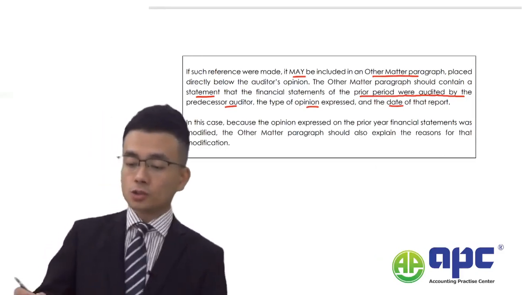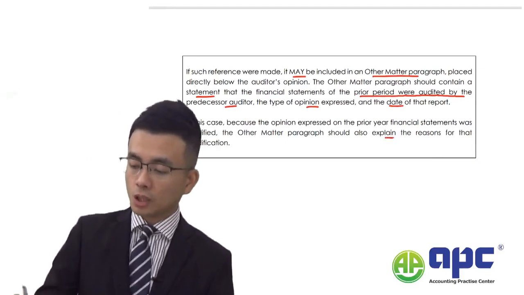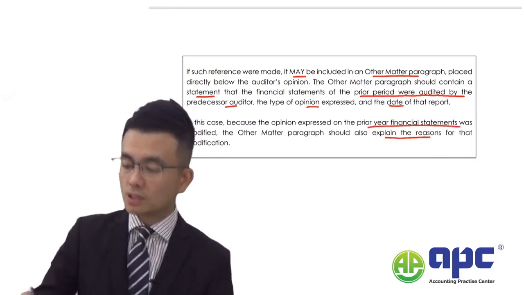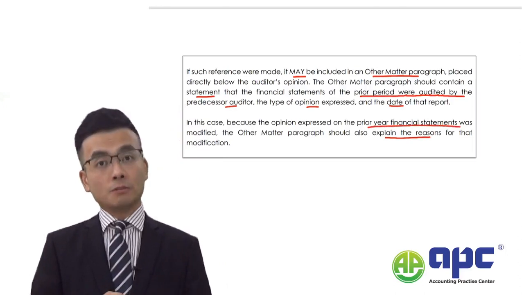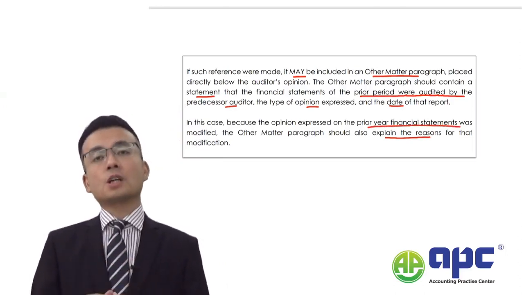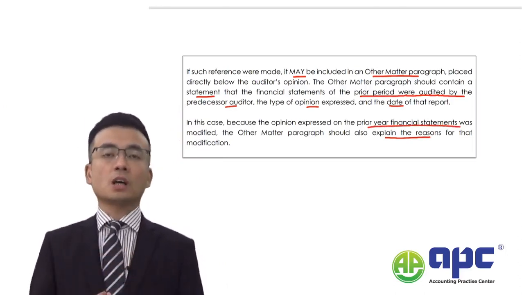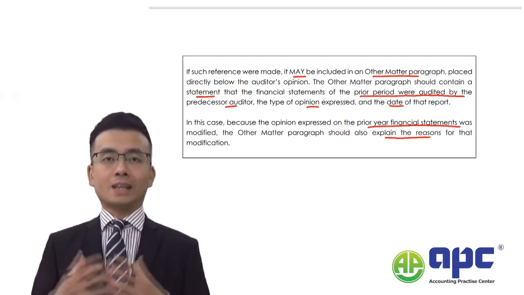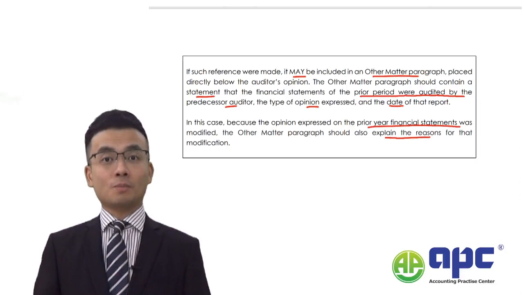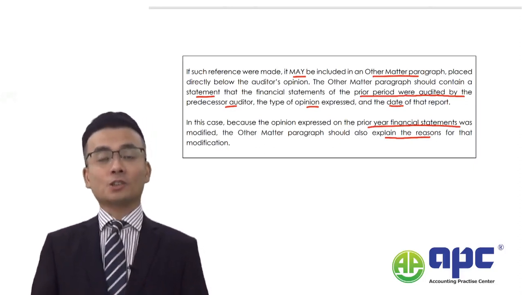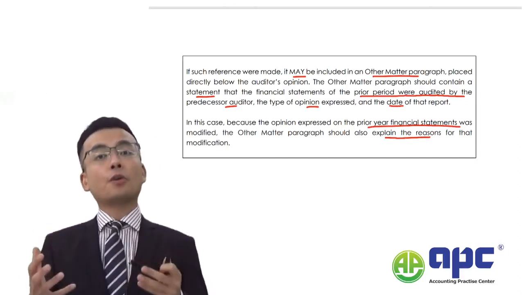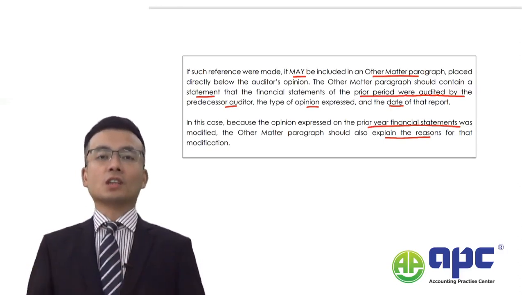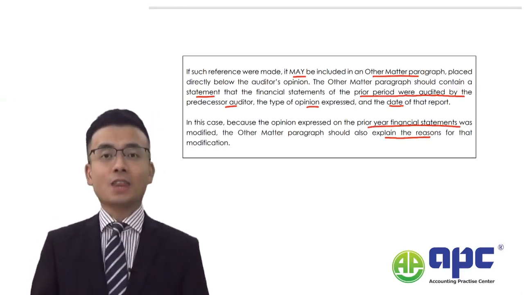And of course, we will also need to explain the reasons why the previous year's financial statements were modified. We also need to include that if we decide to choose that option to include this matter in the other matter paragraph in the auditor's report. For 3 marks, 3 sentences would be absolutely enough.